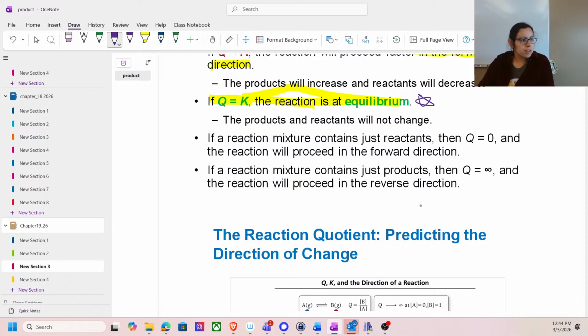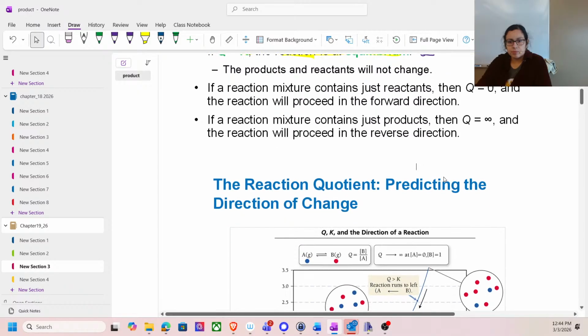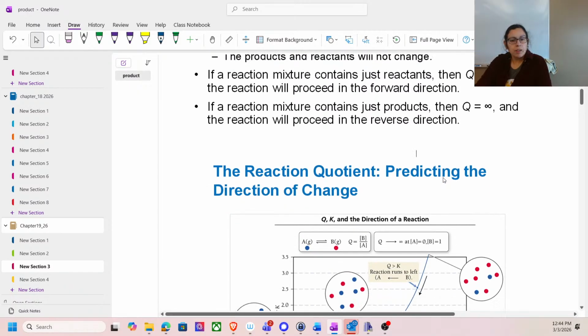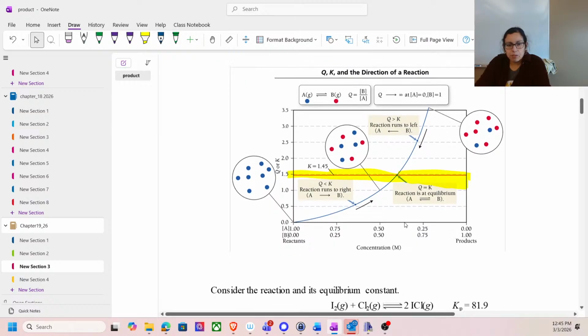But I think it's easier to see these extremes here. Questions so far? We have to take our snapshot, figure out where our reaction is, and compare that to the equilibrium value. Do we need to go forward? Do we need to go backwards? Are we already at equilibrium?